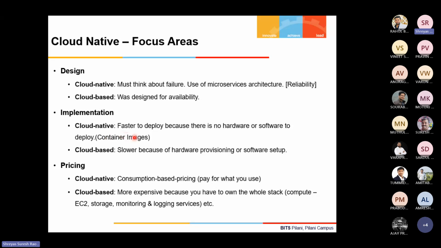We will come to this a little later. What is a container? What are container images? But we are ultimately using a container image where within the container image, we contain everything. It contains all the details about deployment. Like for example, what is the runtime? What is the code? What are the dependencies? So everything that is required for code to work, it contains within the container image. So that way it is very fast to deploy.